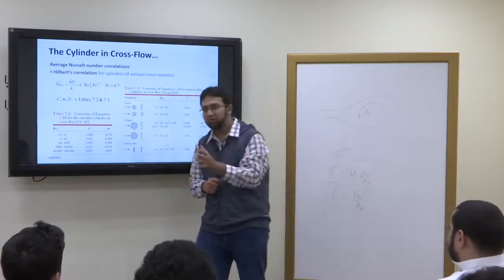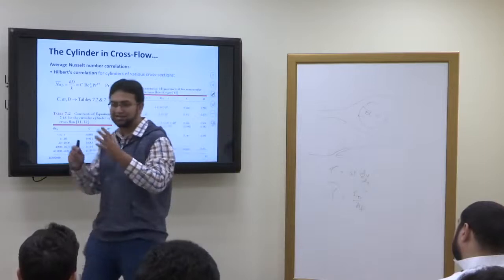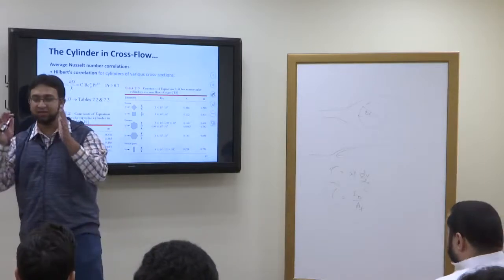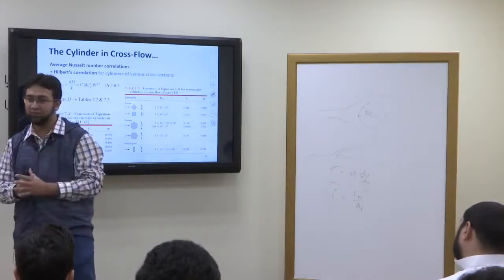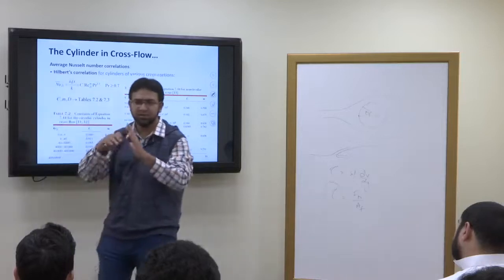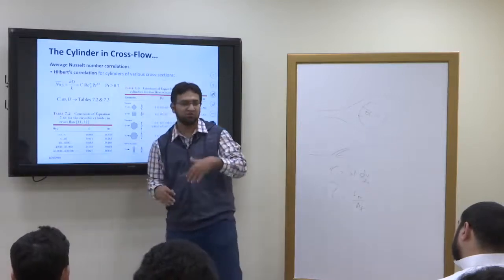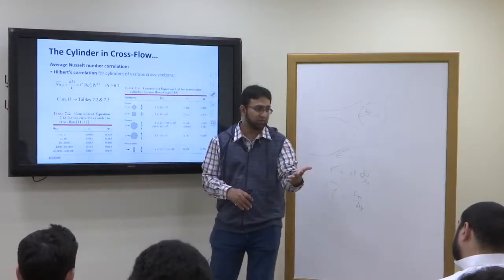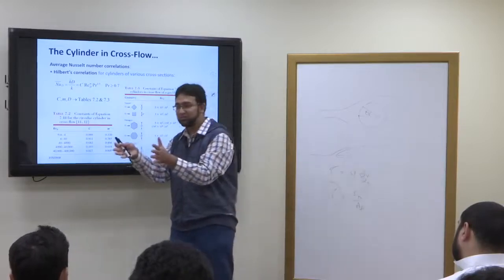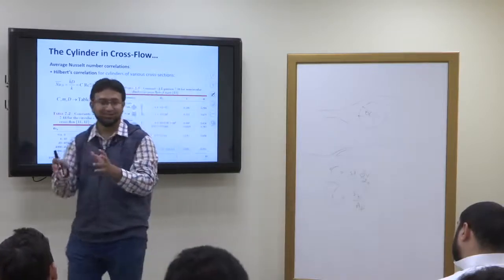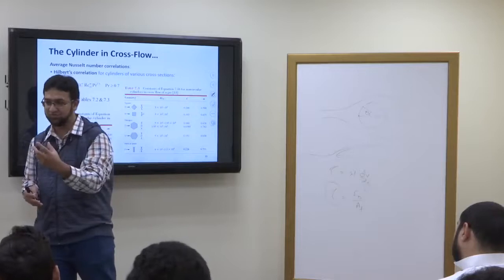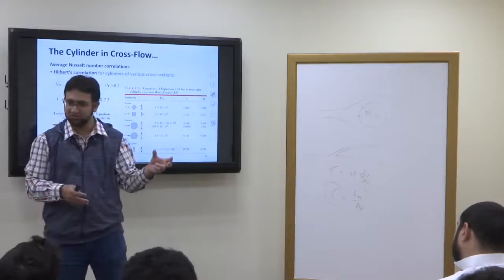None of the correlations can tell the exact, 100% correct value of the average Nusselt number, because there are many variables based on which the heat transfer coefficient would vary. Whenever experiments are conducted, they are conducted under certain conditions, considering certain constraints.